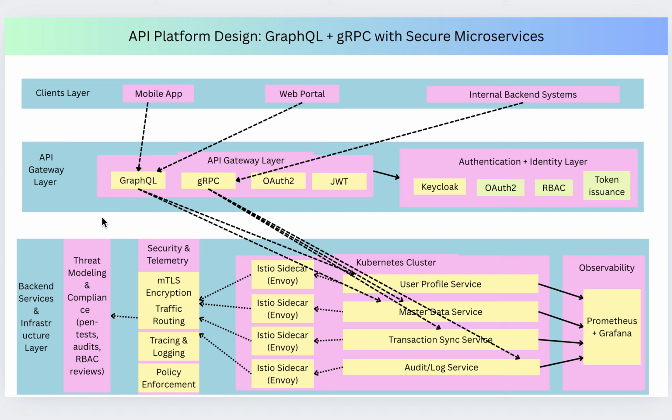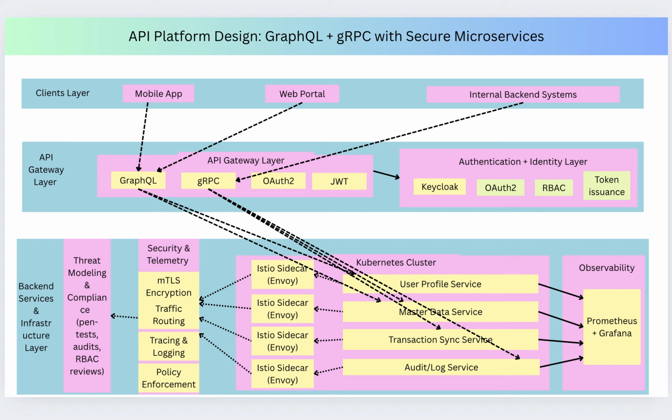Next, we have the API gateway and identity layer. This manages request management and authentication. All incoming requests first land at the API gateway layer. This gateway supports both GraphQL and gRPC.